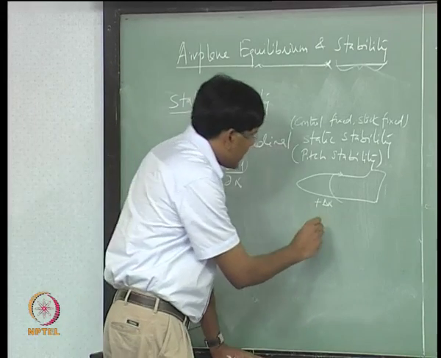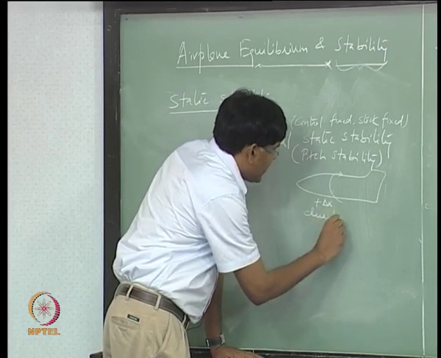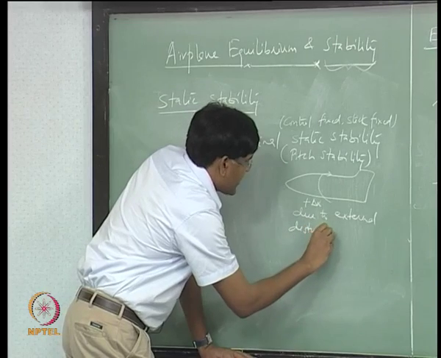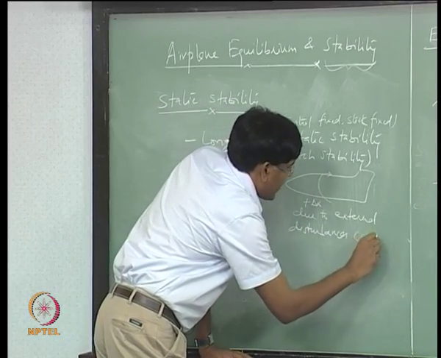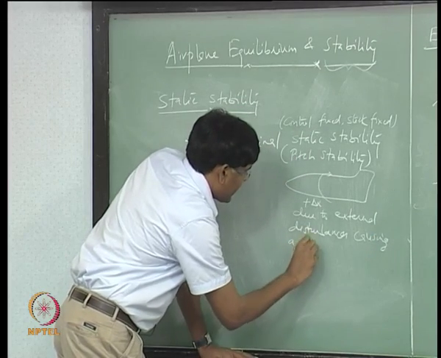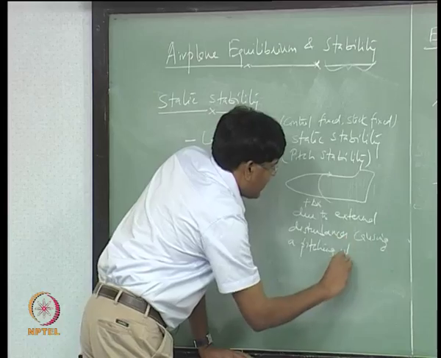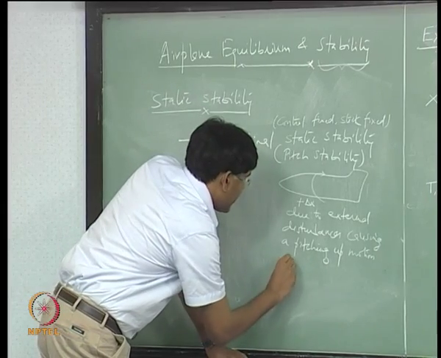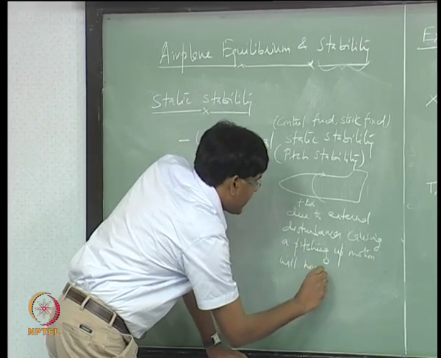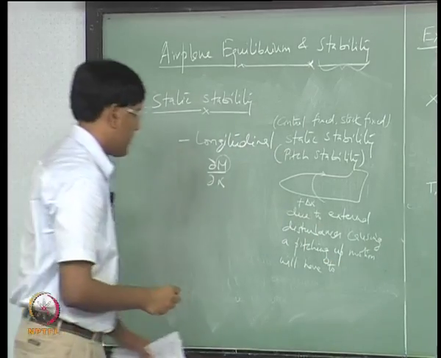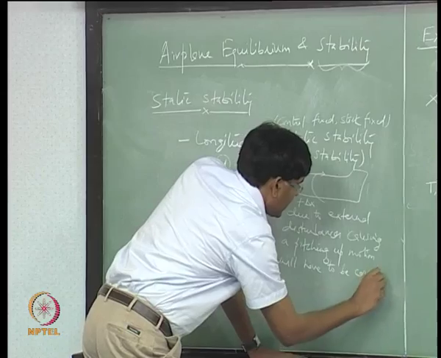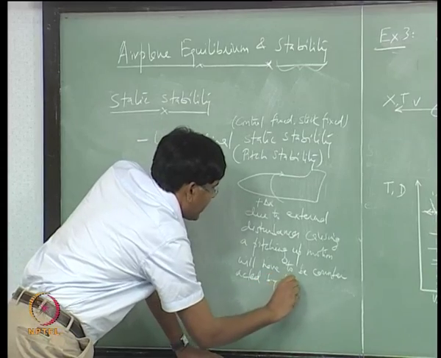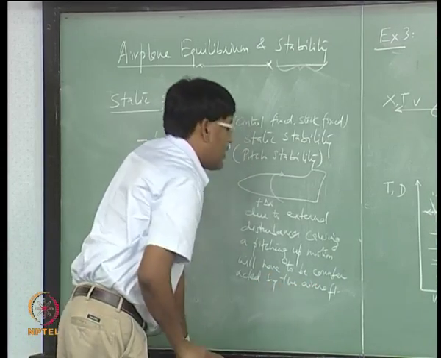So, this delta alpha that is due to external disturbances causing a pitching up motion will have to be counteracted by the aircraft.